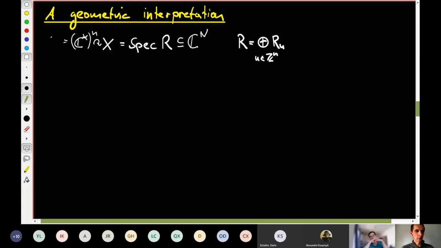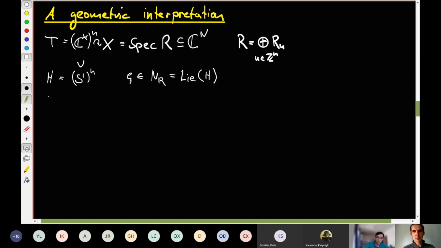Let's call this torus maybe T. And what we can do is we can restrict this also to an action of the corresponding compact torus S^1 to the n. So let's call this H. Now, one interpretation for our choice of psi: in general, if we choose a psi inside N_R, then we can interpret this N_R as being the Lie algebra of this compact torus.